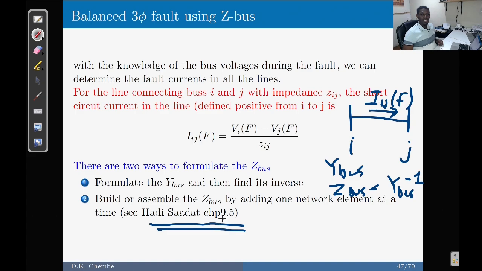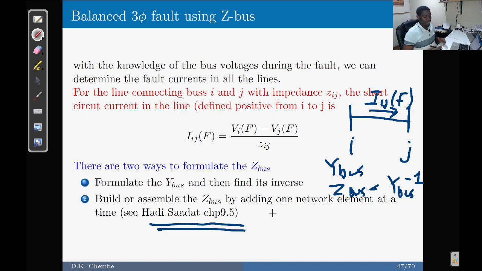But in our case, most of the scenarios that we are going to look at are going to be maximum, for classroom purposes, buses from 2 to 3 only, maximum of 3, which is very easy for the inversing of the matrix.